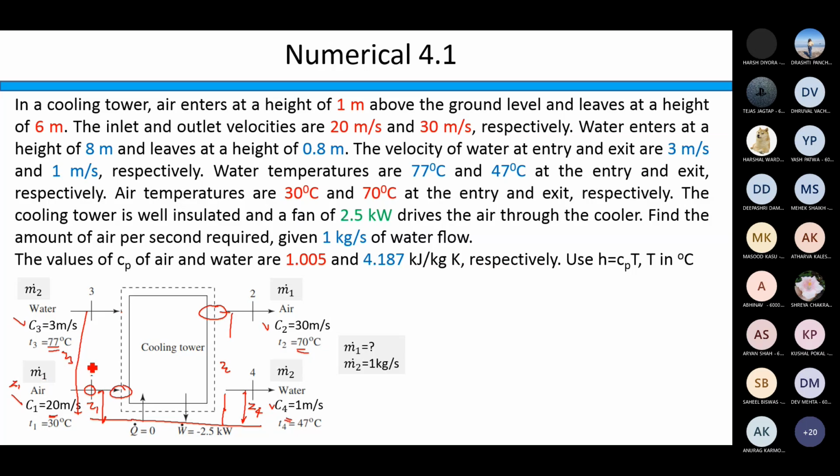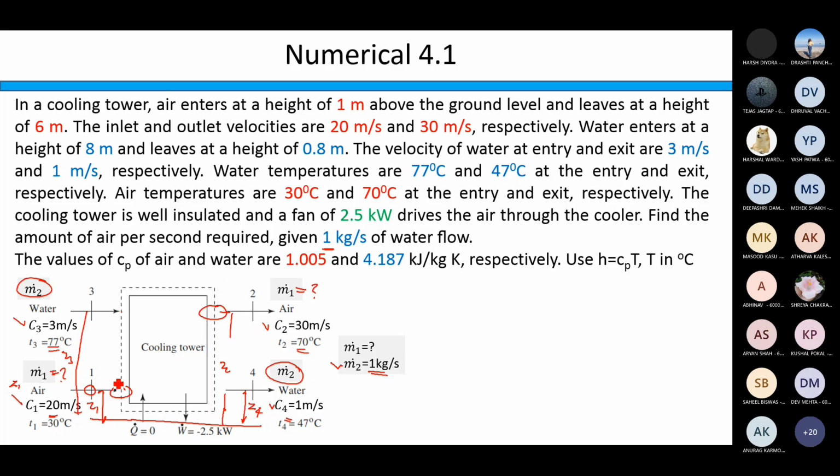They have mentioned water flow is 1 kg per second. So this is the mass flow rate of water, m dot 2, and you have been asked to find out this mass flow rate, m dot 1, which is mass flow rate of air, correct?